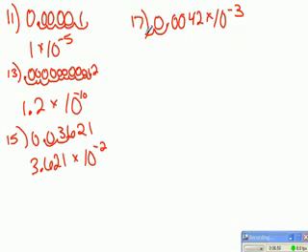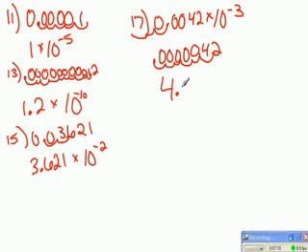So I'm going to take this and move 1, 2, 3 places. So I'm going to have point 0, 0, 0, 0, 0, 5 zeros, 4, 2. That's my standard number. Then I would move it over until the number is between 1 and 10. So 4.2 times 10 to the 1, 2, 3, 4, 5, 6 places. So negative 6th.